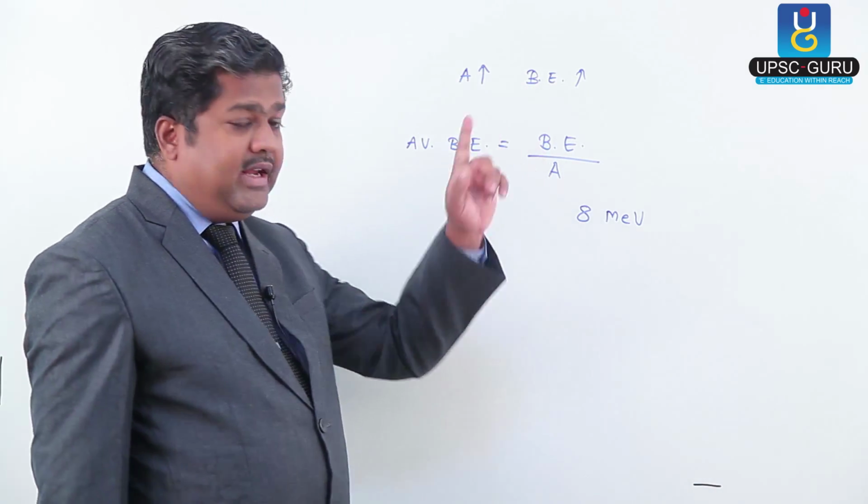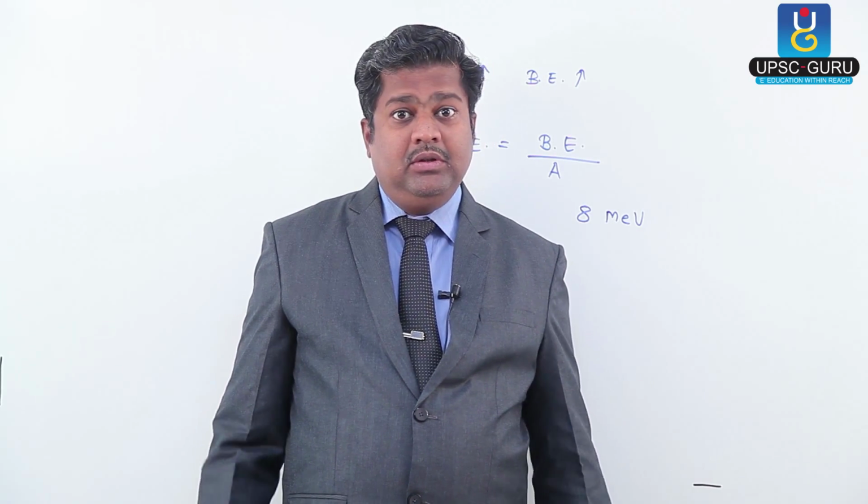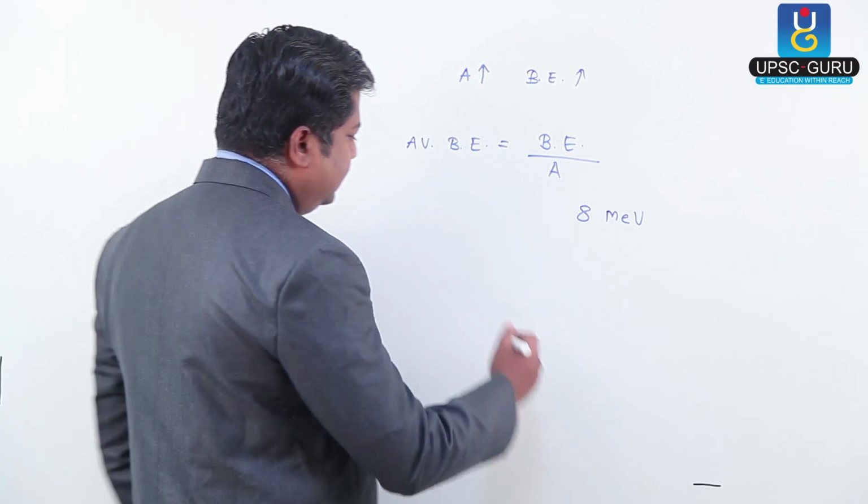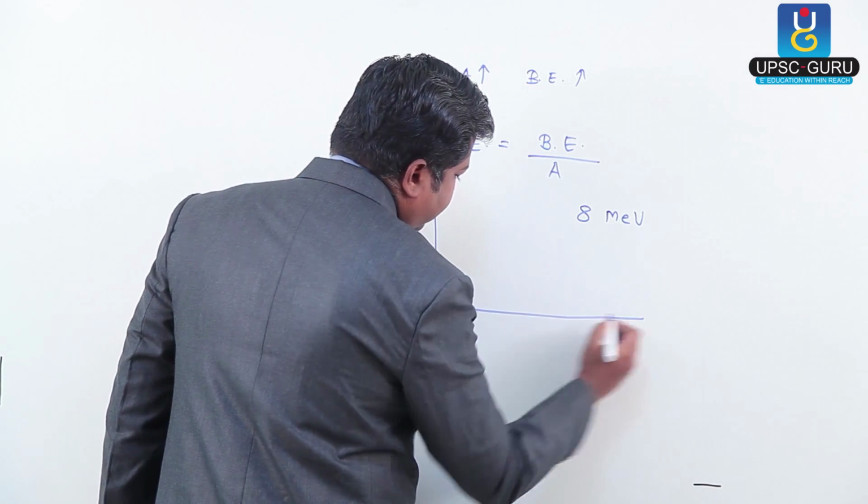Initially till mass number 20, that means A equal to 20, the average binding energy is less than 8. But the number of particles is also less. Then onwards it comes to 8. This is a simplified graph.